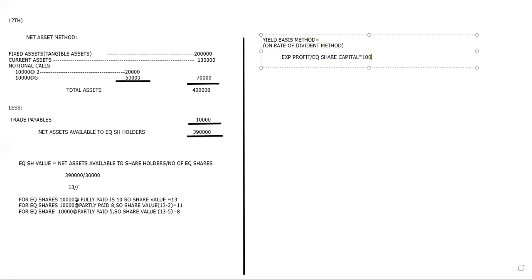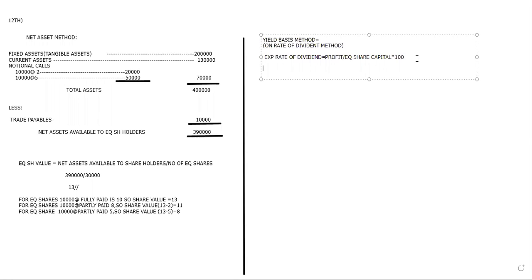Okay, so this is the first one. So this is a formula for the expected rate of dividend, and we will find it first.